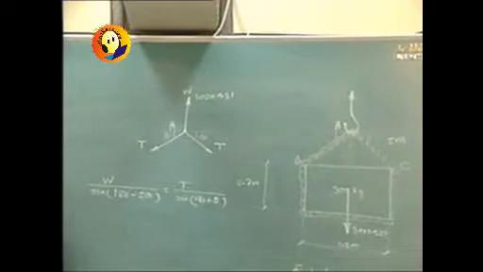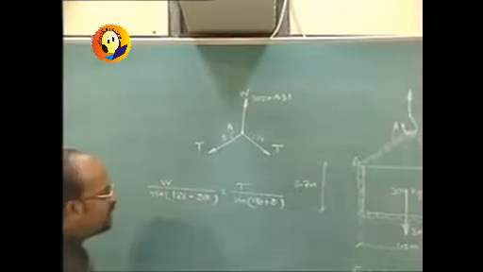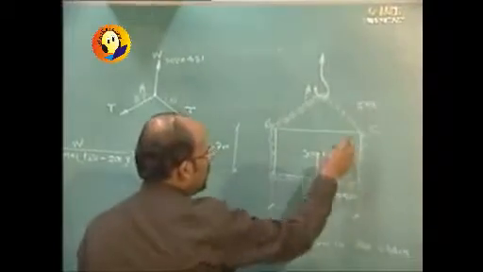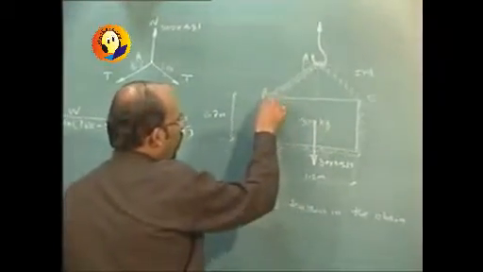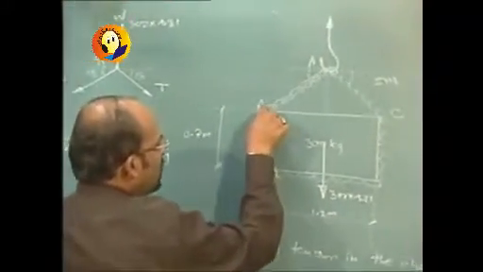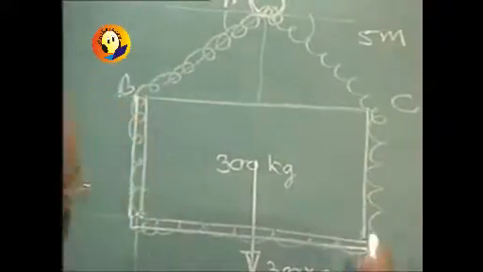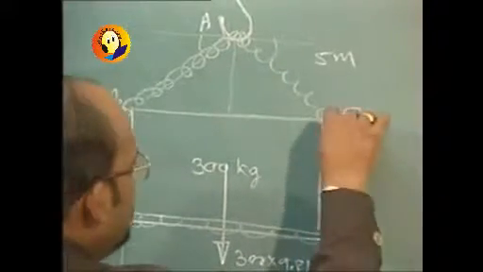But for that I require theta, and for finding theta, what they had given us is the length of the chain. Now see, 0.7 meters of the length is wasted on this side, then 1.2 meters, and then 0.7.